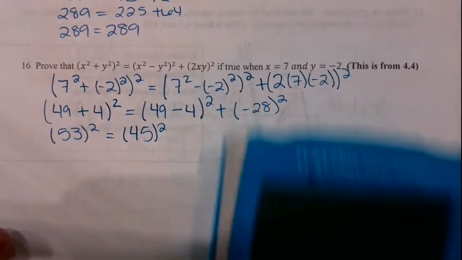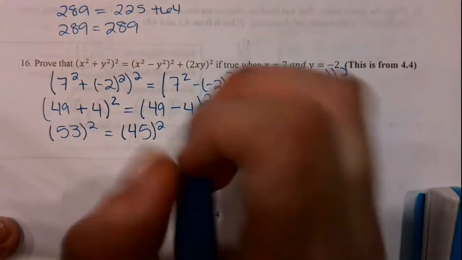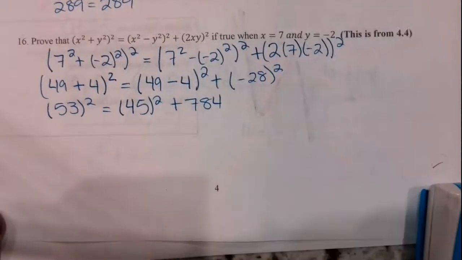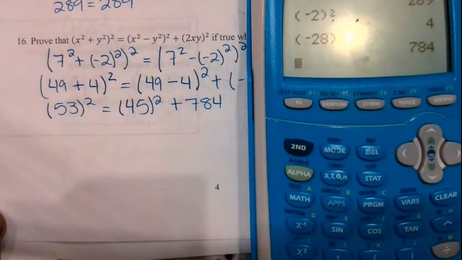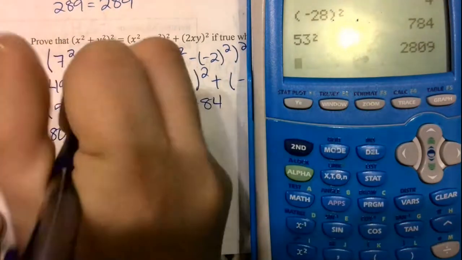Negative 28 squared, not a number I know. 784. Next line, I don't know 53 squared, which gives me 2809.